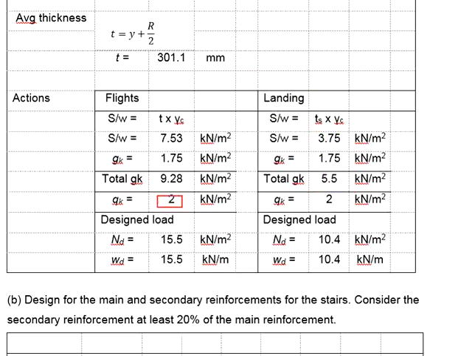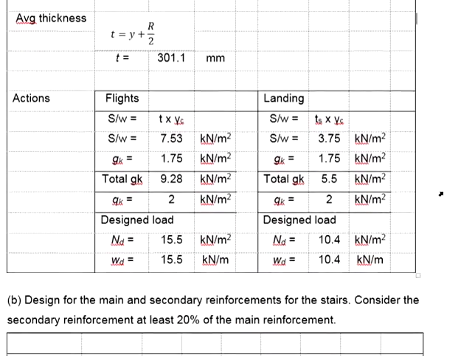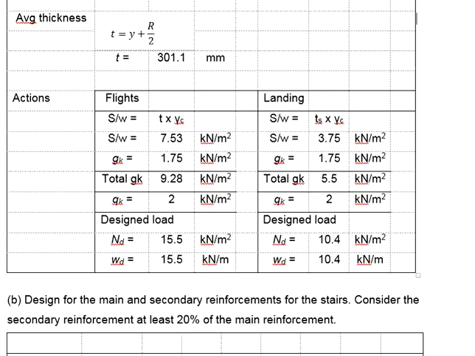And then your Qk is given as 2 kN per meter square. For the ultimate limit states, you're going to incorporate the factor of safety. The design load should be equal to 1.35 Gk plus 1.5 Qk.